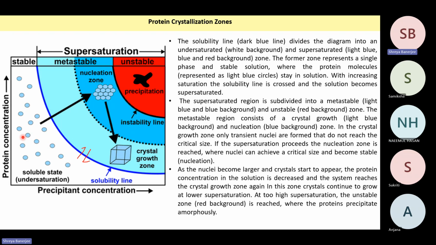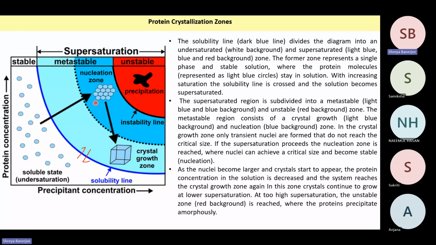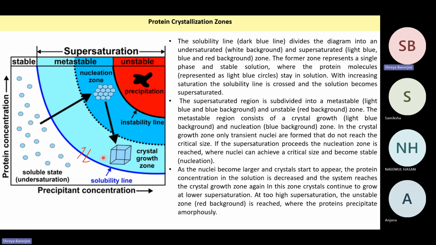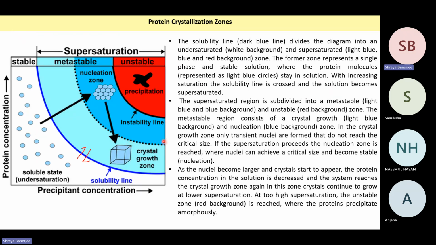That is why this equilibrium is very essential, because otherwise crystals will start to form and then they will stop. But in this case, crystals will form, and the concentration in the solution decreases, so more protein will come up and condense here, so that the concentration can be maintained and the crystal can continue to grow.